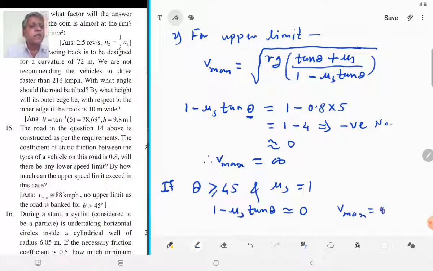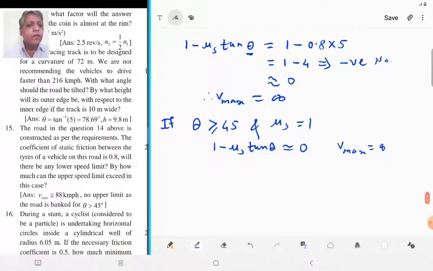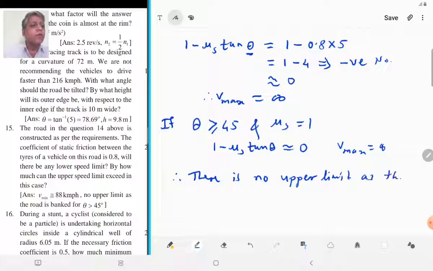There is no upper limit as the road is banked for greater than 45 degree.